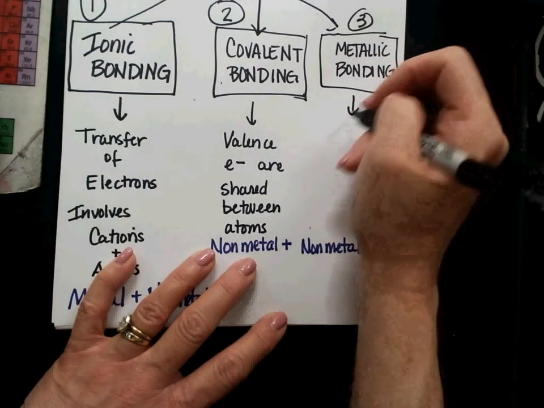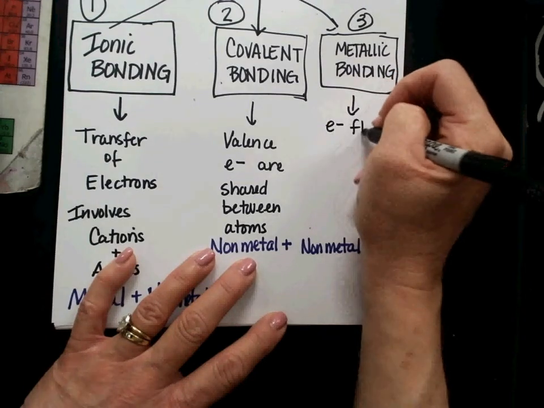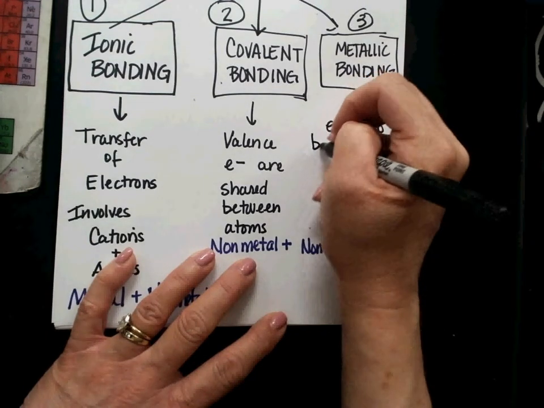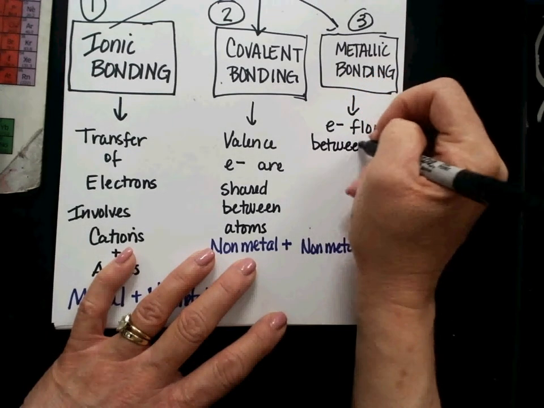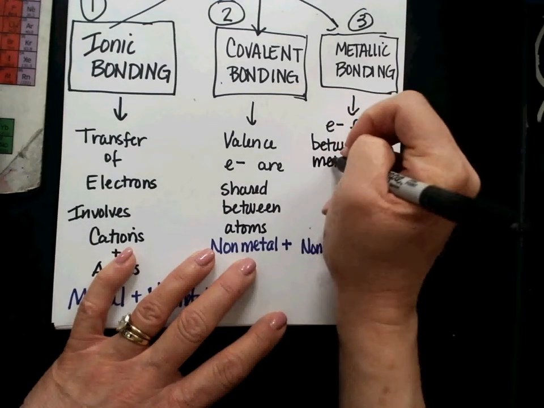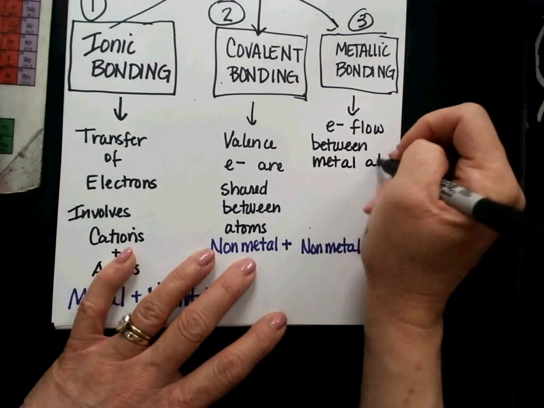And this is called, we say electrons flow between metal atoms.